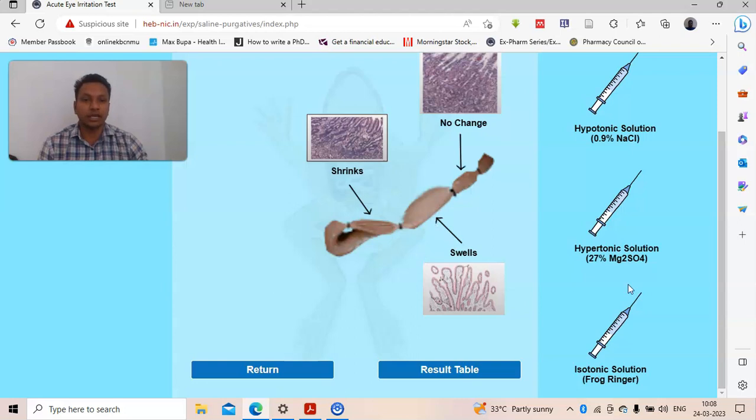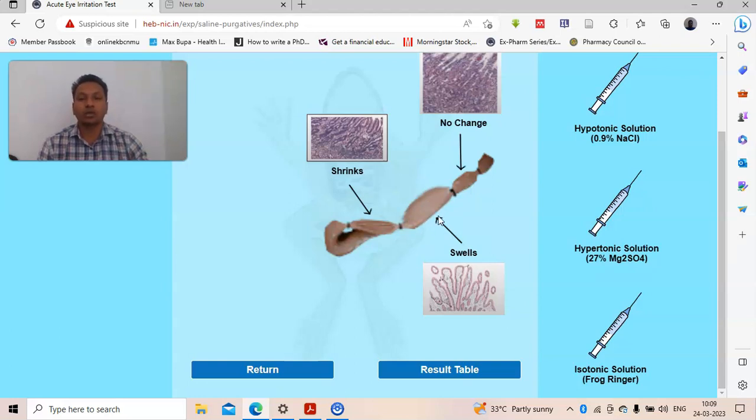While in the second compartment, which has the hypertonic solution comprising magnesium sulfate, this magnesium sulfate holds the fluid inside and does not allow the solution to pass through the cell membranes of the intestine, and it remains inside the lumen of the small intestine.